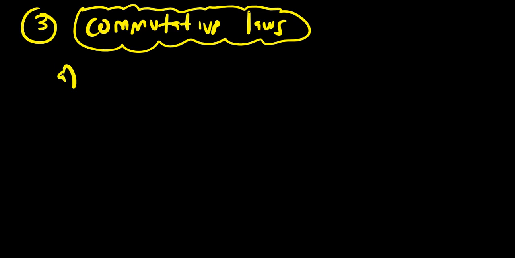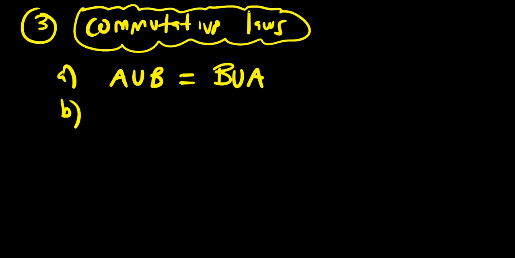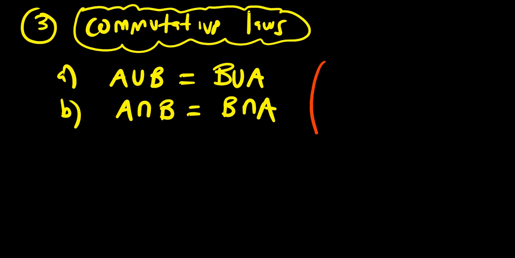If you say A union B, according to the commutative laws, it's going to be B union A. Then the second commutative law is A intersection B is just the same as B intersection A. Now this is not complicated. We're not going to prove it actually.